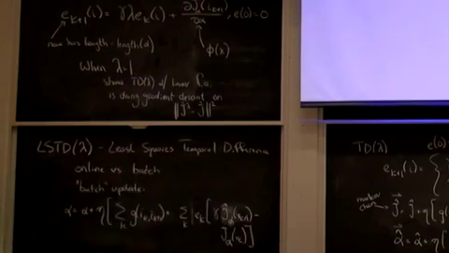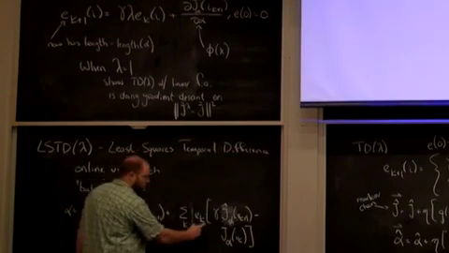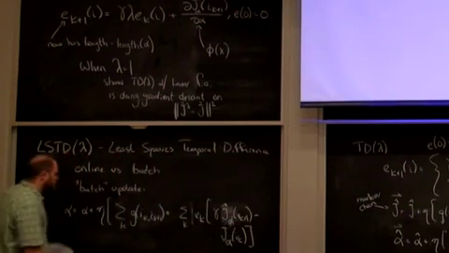Do you agree with that? That's the batch update. If I just collect them all up, I sum them over k, all my time steps, that's what my update's going to look like.